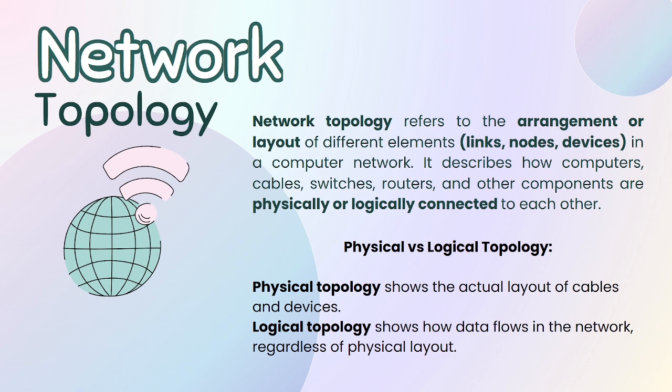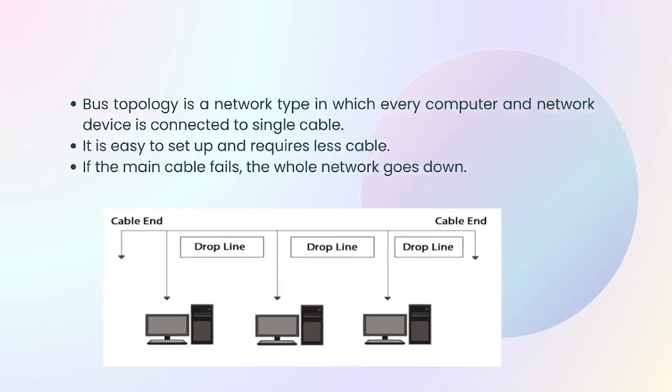Physical and logical topology. Physical topology shows the actual layout of cables and devices, while logical topology shows how data flows in a network, regardless of physical layout.